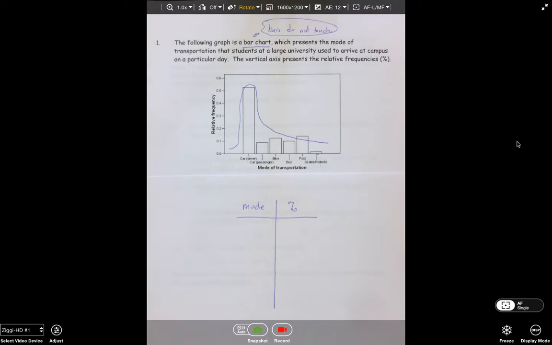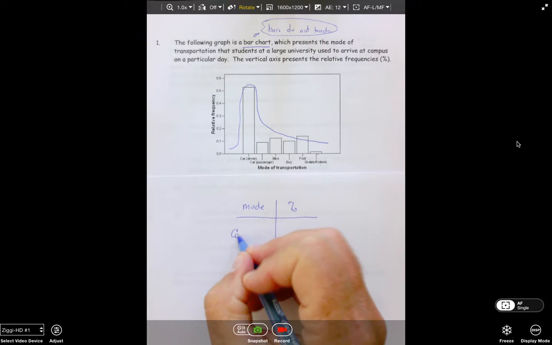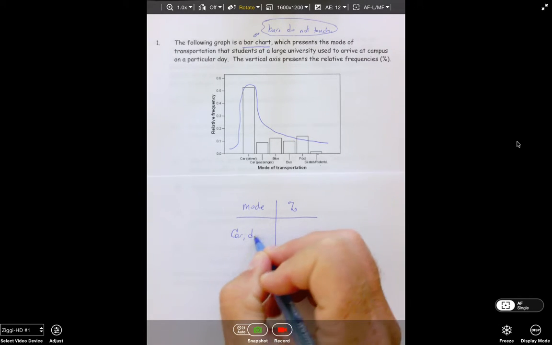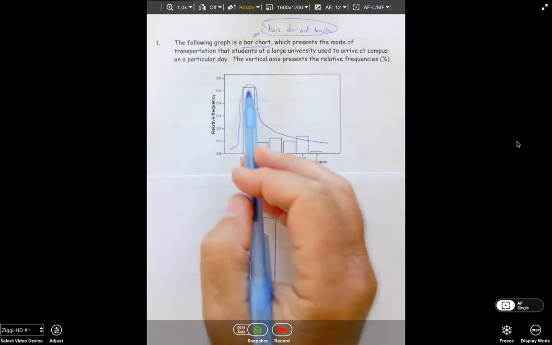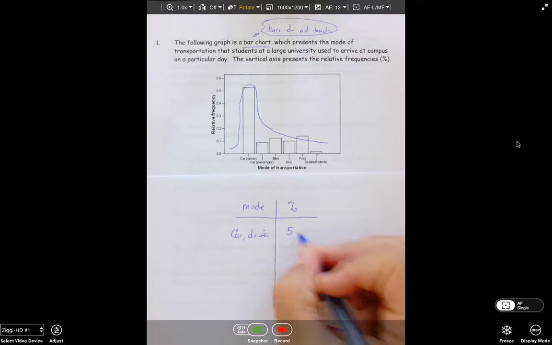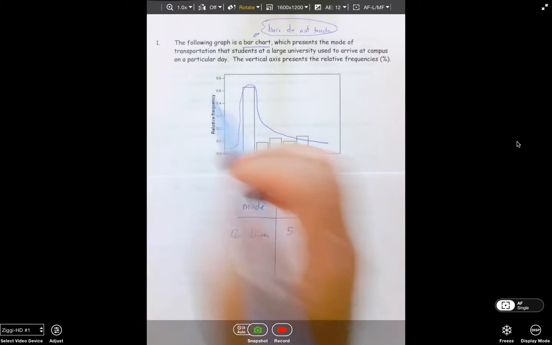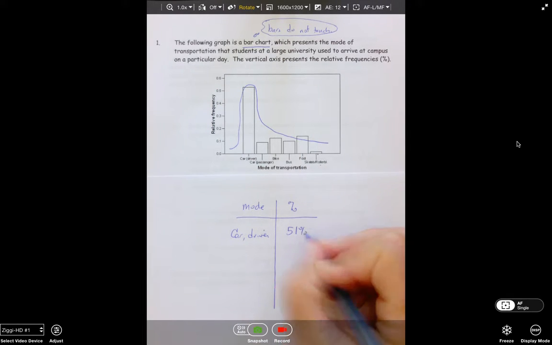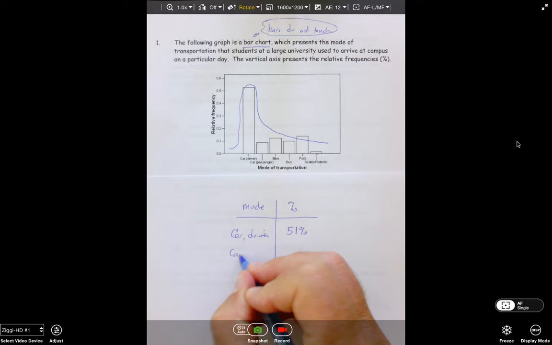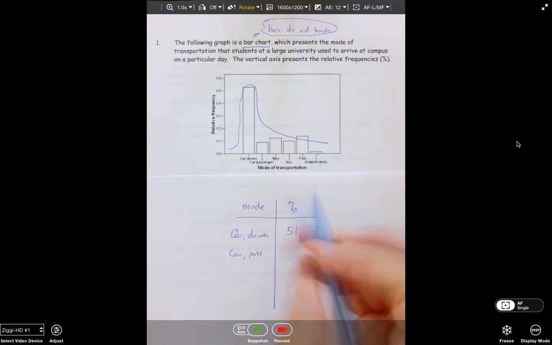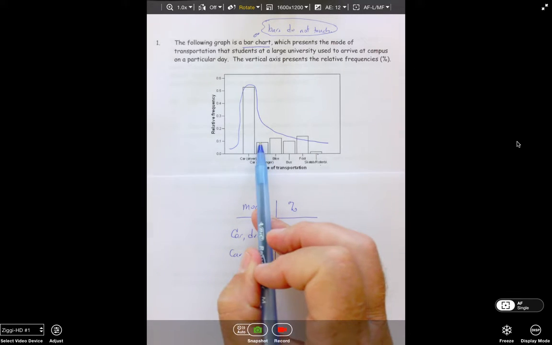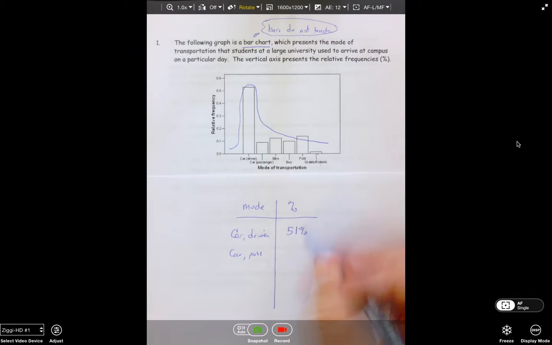So I would go mode and percentage. So car, driver, I think we called that 50, what did we call it? I forget now, 51%, let's call it. And then car, passenger, looks like to me it's about 9%.